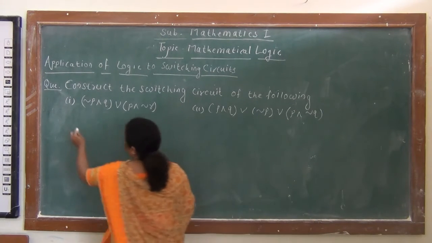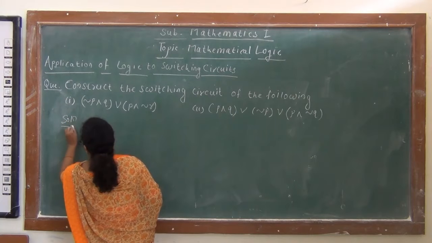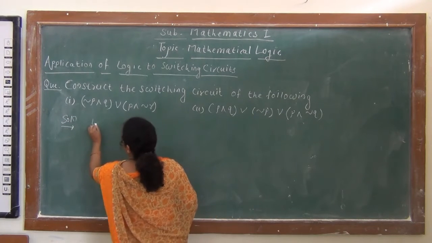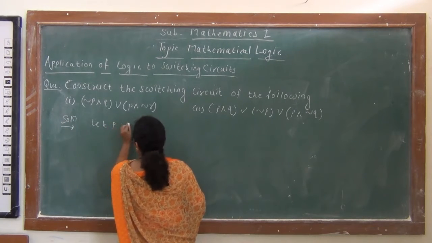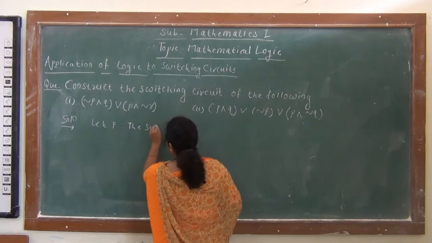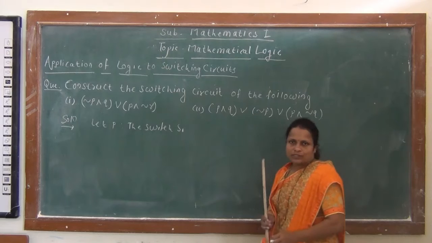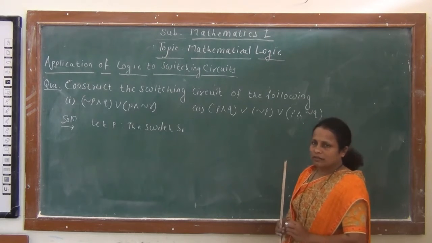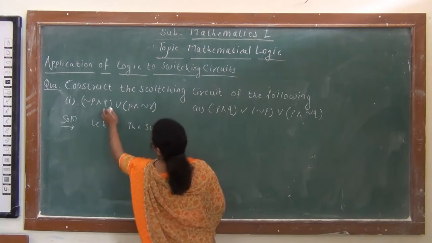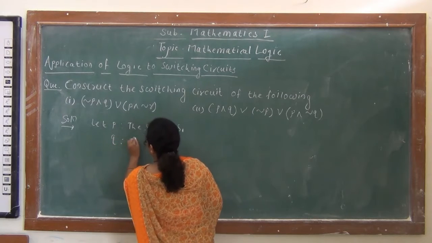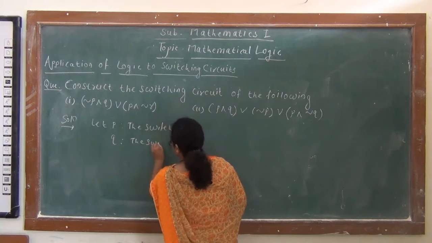So we define these four statements. First step: we define our first statement P as the switch S1. You can write the switch S1 is closed, or just the switch S1. Then Q, the switch S2.